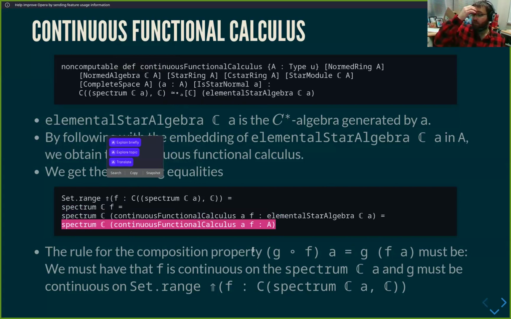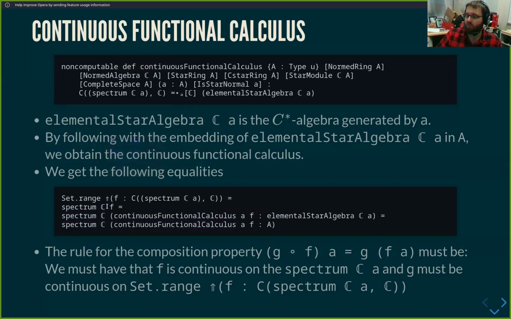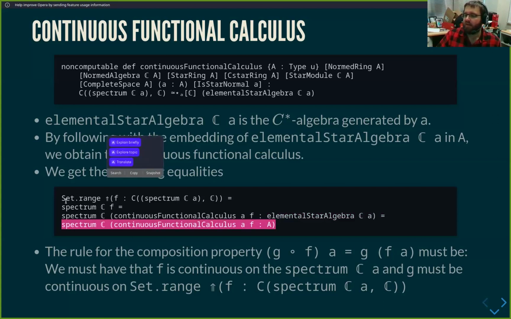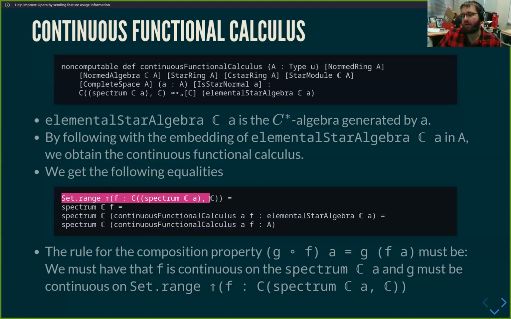So we get this nice little fact that for the continuous functional calculus, the spectrum of the image of some element is just equal to the range of the function on the spectrum. And we get this rule for the composition property: F has to be continuous on the spectrum of A, but G has to be continuous on the range of F.